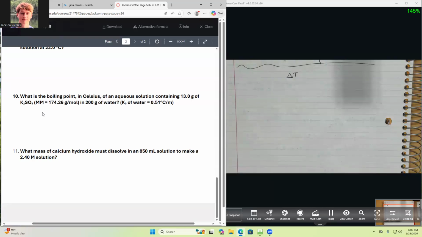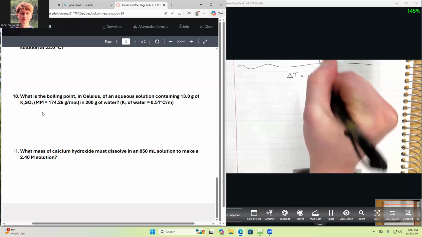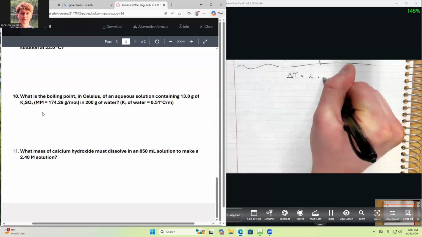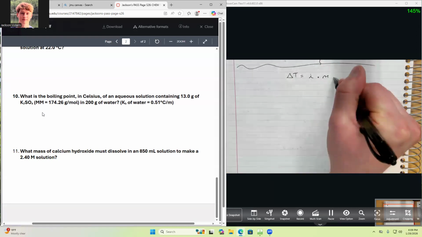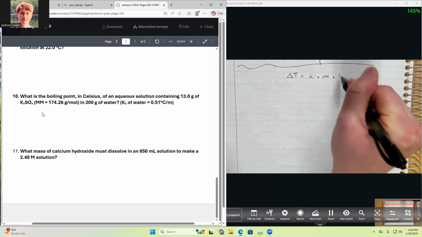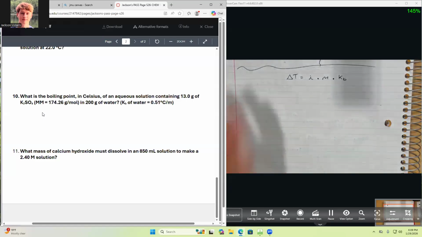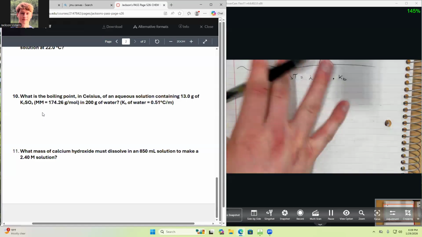It's basically creating a bigger difference between those two. This is not Q equals MCAT. This is delta T equals Van Hoff factor times molality, the italicized m, times the Kb, the boiling point constant. And there's a very easy mistake people make, which I'll get to at the end of this problem.